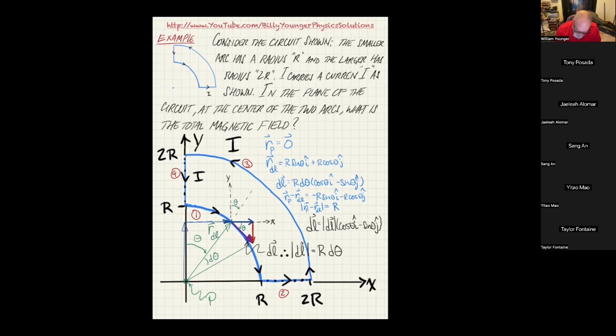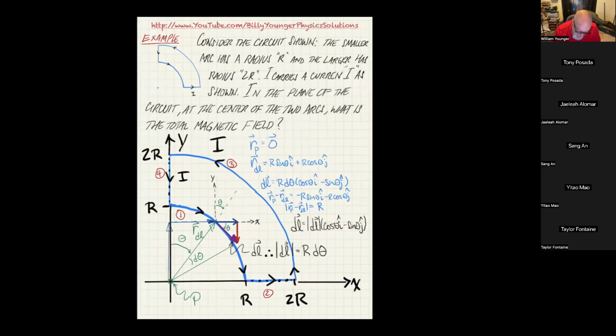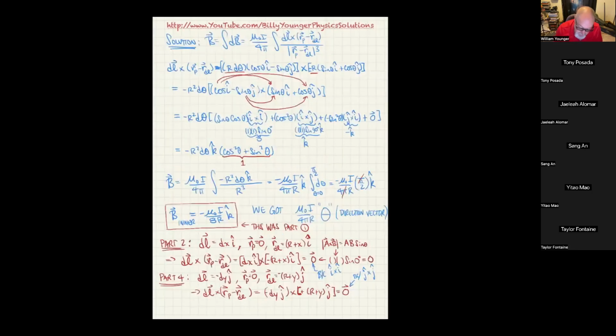So we could go through that process, do that cross product and all that again, but that would be not using what we learned right here. So let me write this again. This is what we learned, that when we're doing arcs, and we're finding the magnetic field at the center of the arc in the same plane as the arc, then this is the answer.